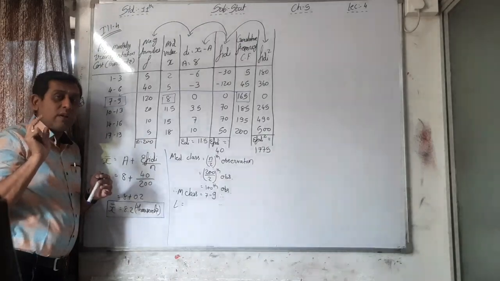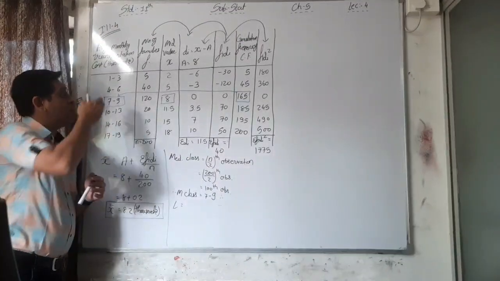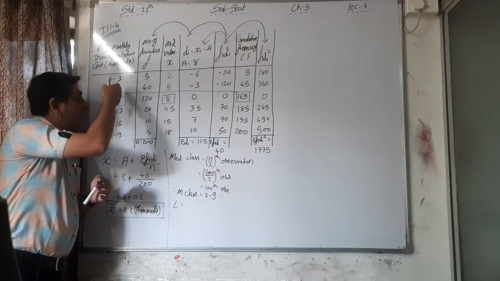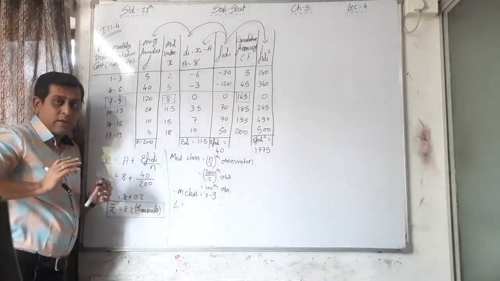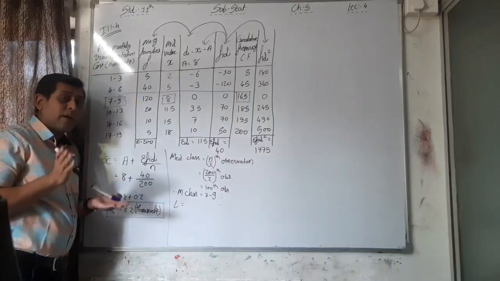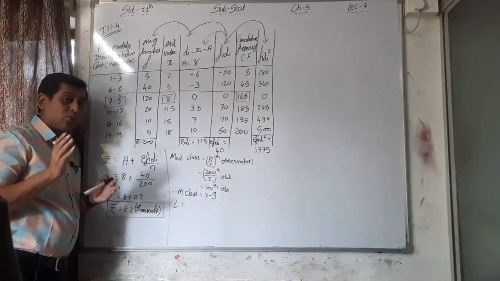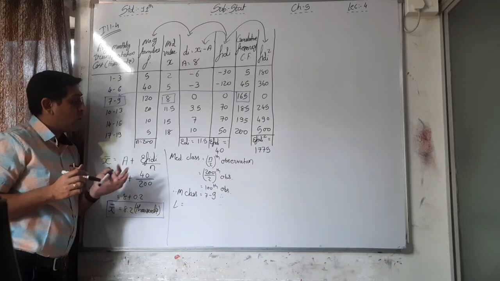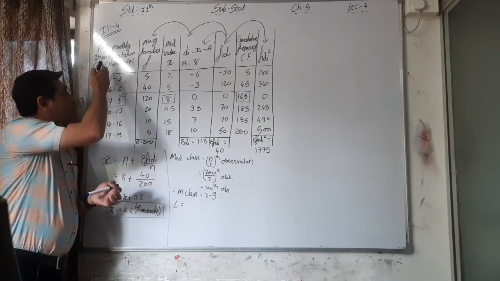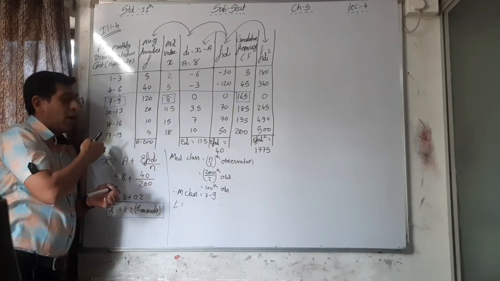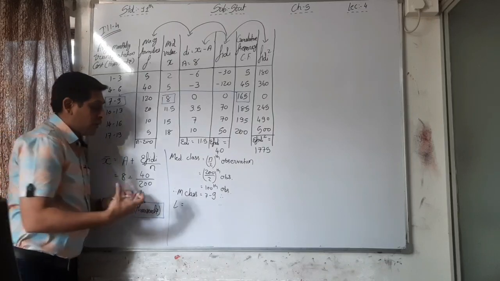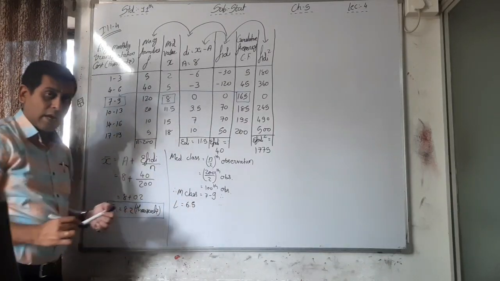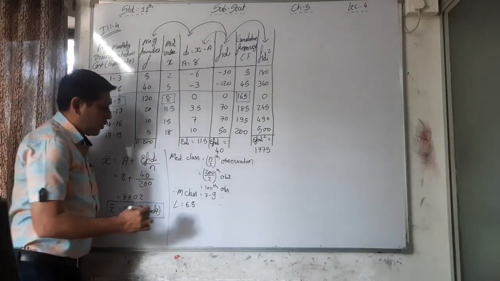That's why 1 divided by 2, that is 0.5, we have to subtract from the lower class boundary and add to the upper class boundary, to transform inclusive into exclusive data. Here we subtract 0.5 from the lower class boundary, so L is equal to 6.5.